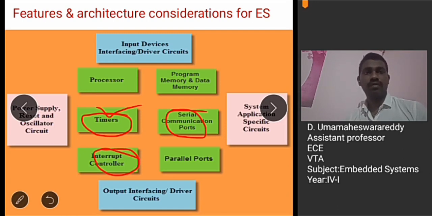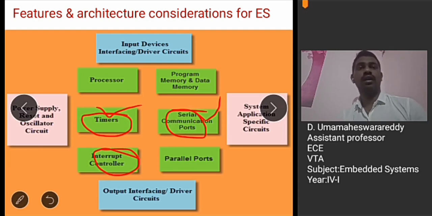All this information, that is calendar information, is provided with the help of the real-time clock. Next, serial communication interfaces. As we studied in MPMC, UART, Universal Asynchronous Receiver Transmitter, SPI, I2C, USB. These are all the serial communication interfaces which are used for transferring information from one module to another module or within the module.